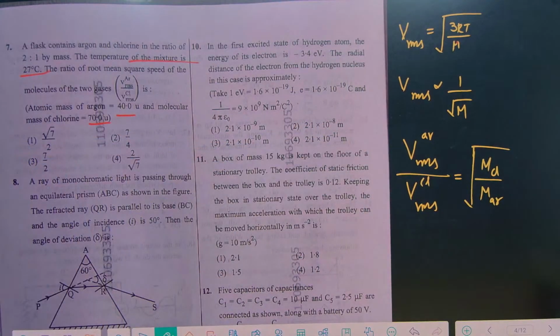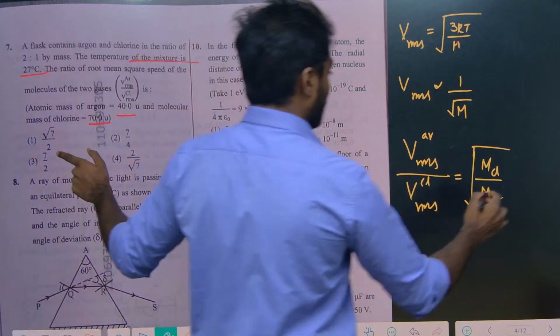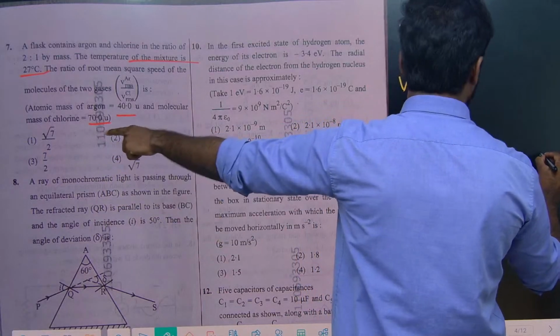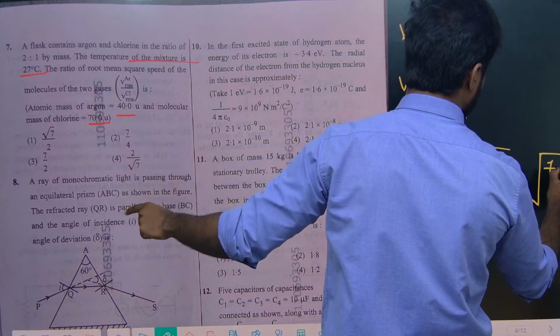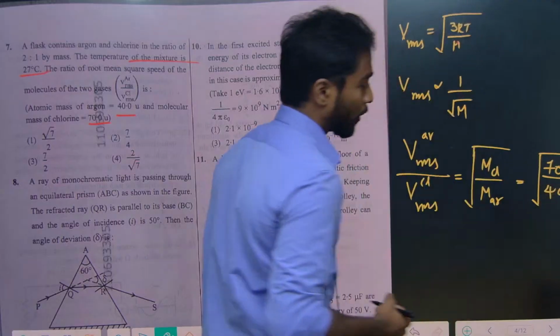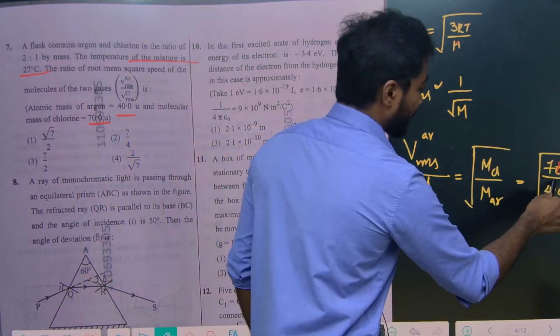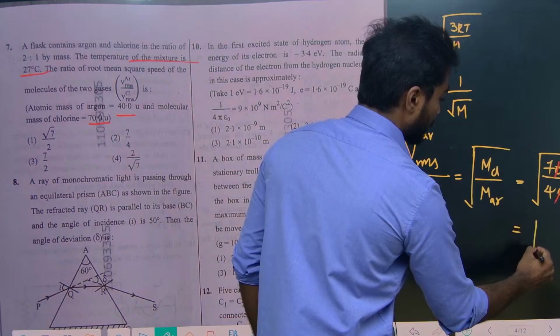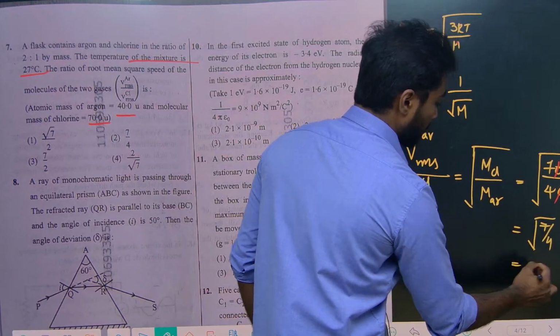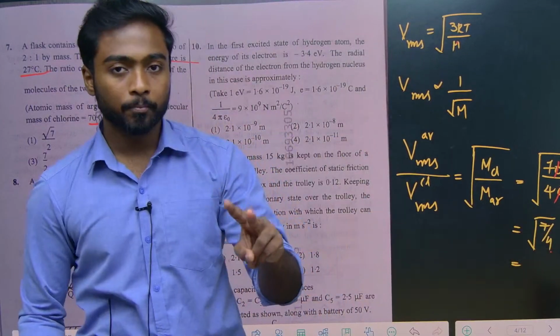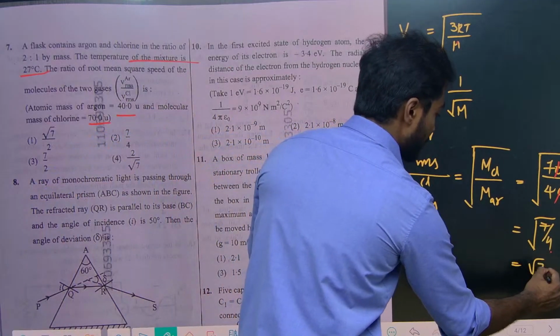Inversely proportional kada. So chlorine ki enta? They have given 70, and argon it is 40. 0 and 0 I can cancel it out. So which means root over 7 by 4. So root 4 ఎలా రాసుకోవచ్చు? 2. So root 7 by 2.